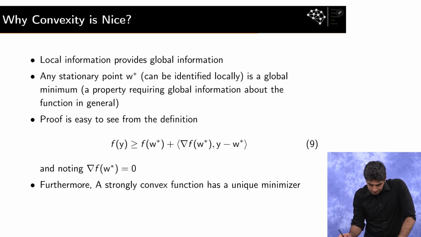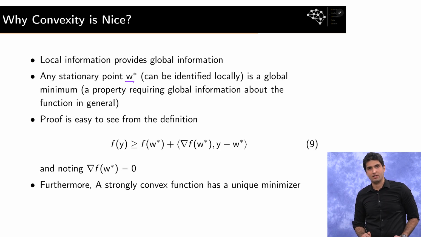More specifically, if we have a stationary point, w star, which again can be identified locally if you just know the gradient of the function at that point, then, if the function is additionally convex, this solution is going to be a global minimum, a condition that requires global information about the function, okay?